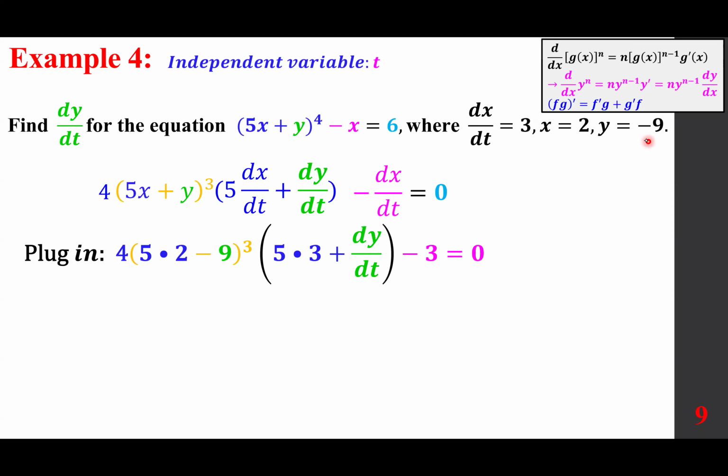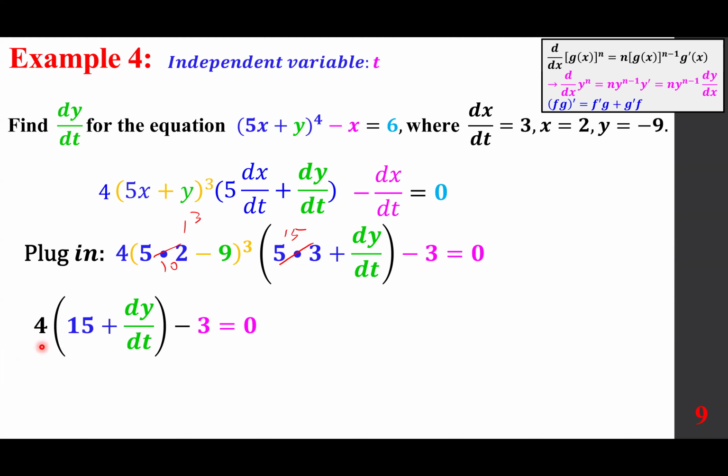All right, so this is 10 minus 9 is 1, and 1 cubed is 1, so it has no bearing, and this is 15. So we get 4 times, this one is 1, we don't even have to write it, parentheses 15 plus dy/dt minus 3. We are going to distribute the 4.